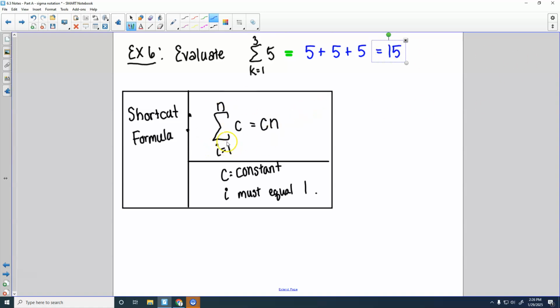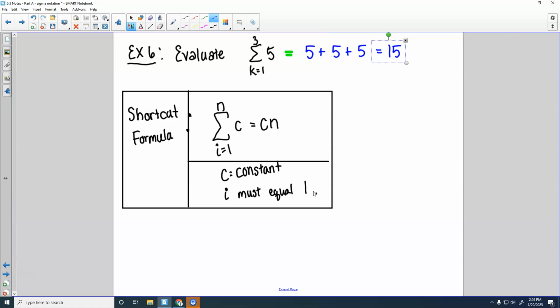So a shortcut formula, if you're doing a sum of a constant, is that if you have the sum from 1 to n of c, where c is a constant here, your answer is just c times n, because it's that number added however many times there.